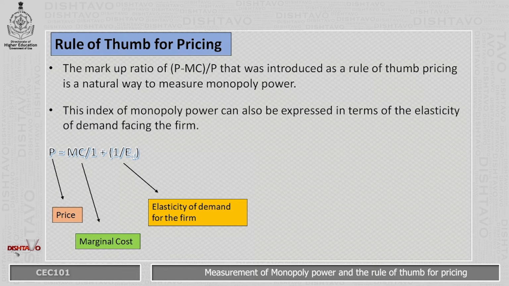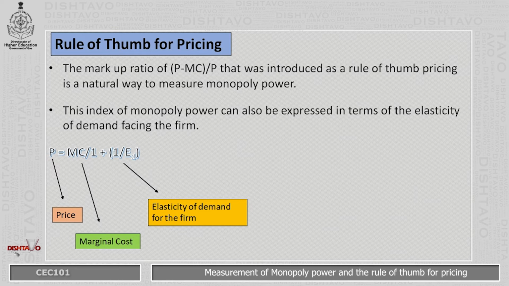Now, the rule of thumb for pricing tells us how a monopoly's pricing is determined and how efficient it is in the market. The markup ratio, that is Lerner's index, introduced as a rule of thumb for pricing, is a natural way to measure monopoly power.